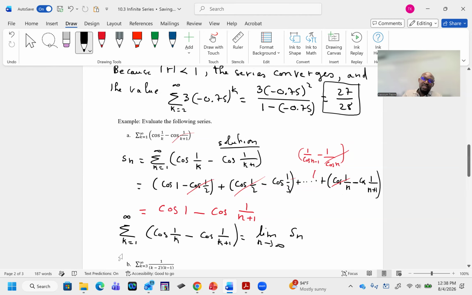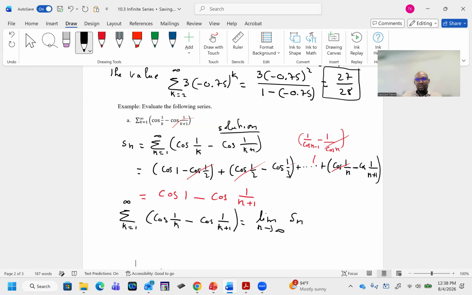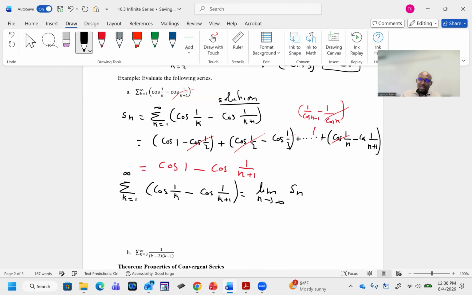So now we need to find this limit, which is equal to, what is our Sn? This is Sn, right? The limit of cosine of 1 minus cosine of 1 divided by n plus 1 as n approaches infinity.